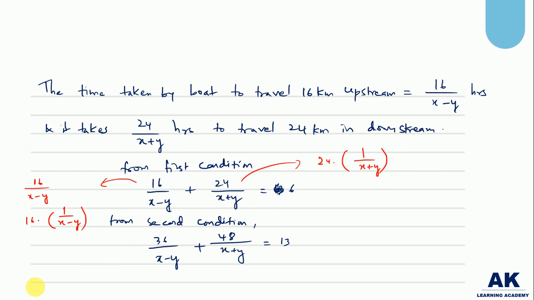So for convenience, let's suppose 1 upon x minus y is equal to m, and 1 upon x plus y is equal to n, right?